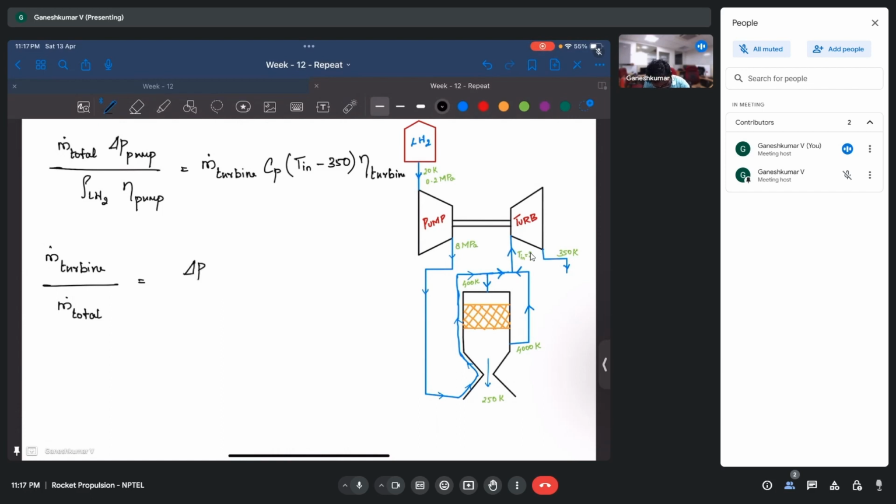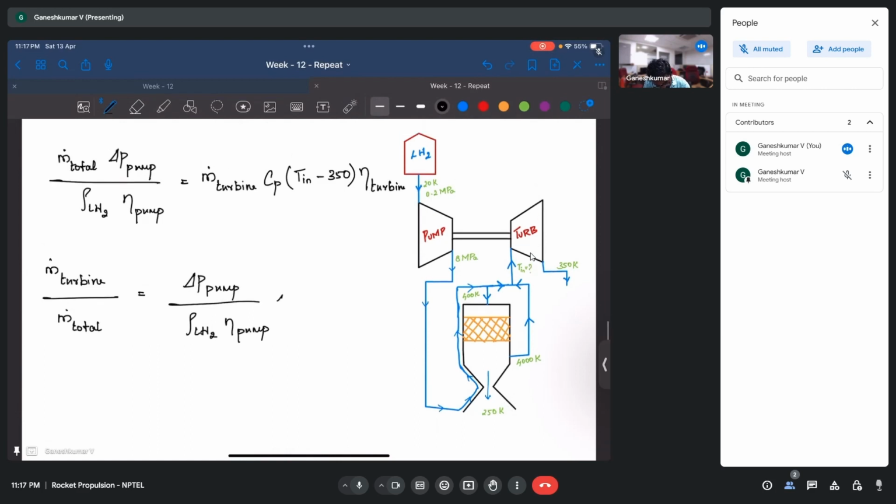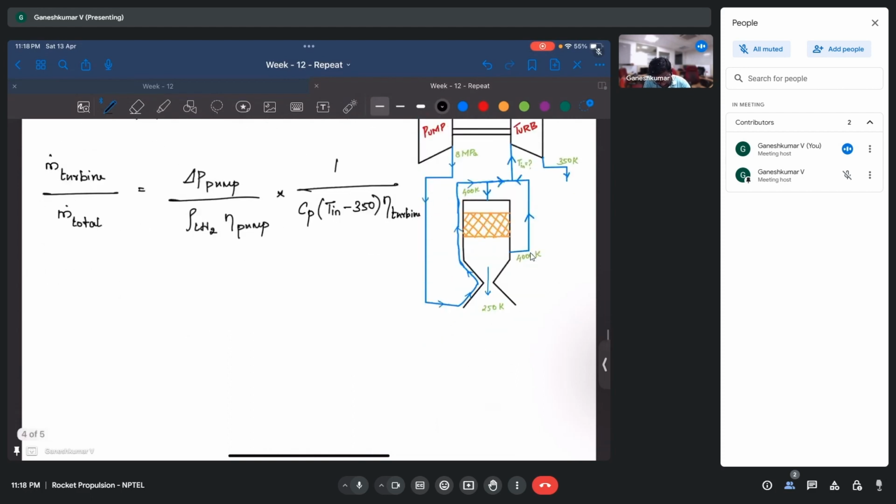So you will have delta P of pump divided by rho LH2 into eta of pump, and in division you will have 1 divided by Cp times T in minus 350 into eta of turbine. Okay, this is what you will have.